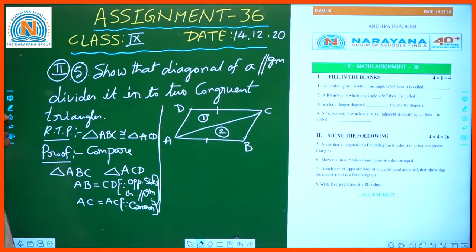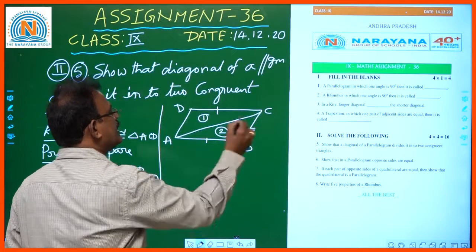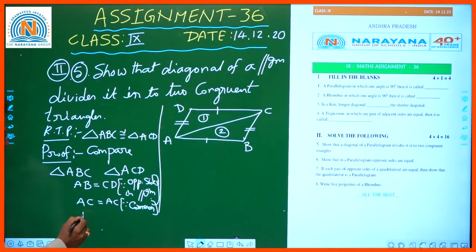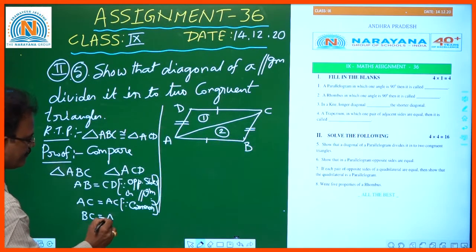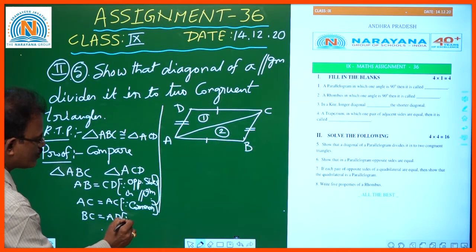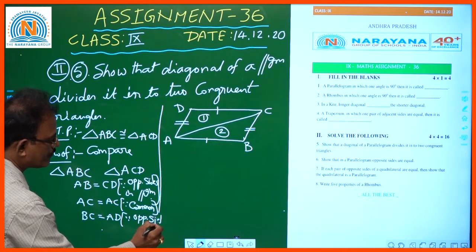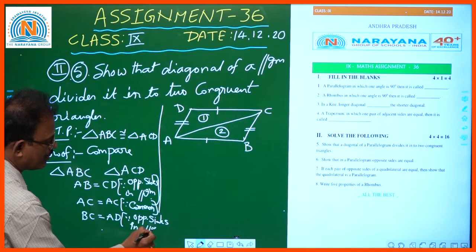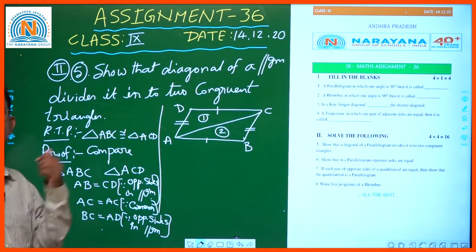Okay, children. Now, in ABC, side BC. In ACD, side AD. BC is equal to AD. These two are also opposite sides in parallelogram. Okay, children. So all are sides.